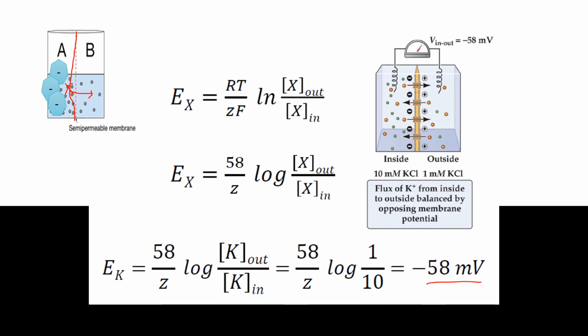It has to become minus 58 millivolts on compartment A to prevent any movement of potassium from A to B, and then the equilibrium will set in.